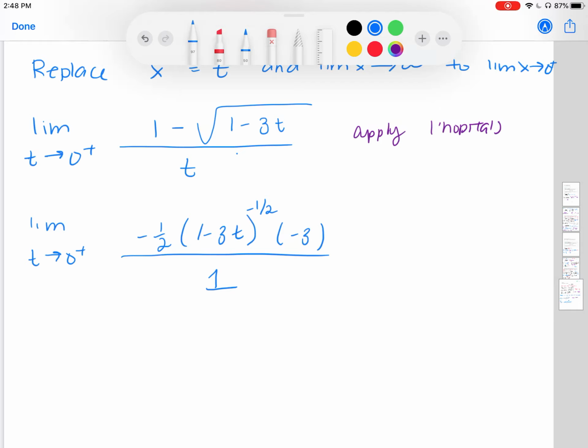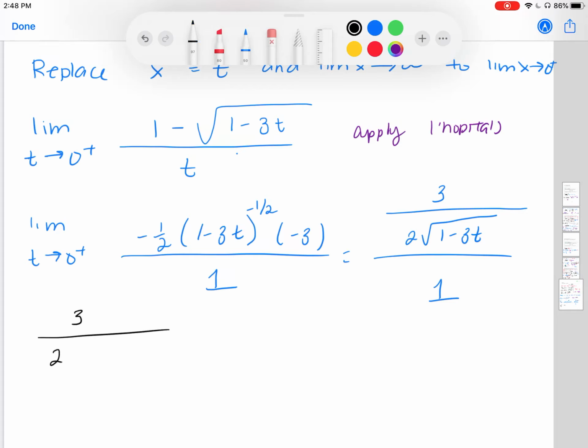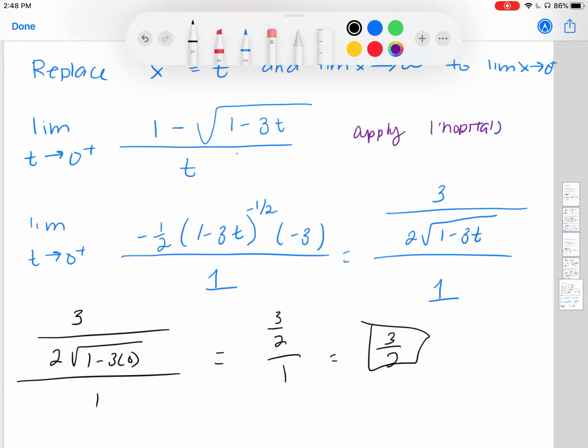And we subtract 1 from our exponent of 1/2, so we have a negative 1/2 in the exponent. If we rewrite it, this is 3 divided by 2 square root of 1 minus 3t. Okay, let's go ahead and substitute in the 0 so that we have 3 divided by 2 square root of 1 minus 3 times 0, all over 1. We're left with 3 over 2 over 1, which is just 3 divided by 2. All right, that's it for L'Hopital's.